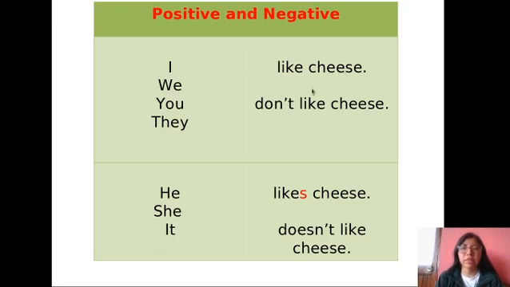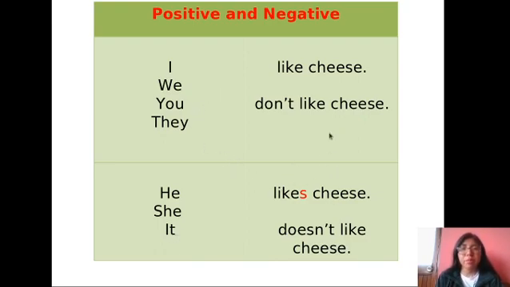They like cheese or they don't like cheese. Okay? Here we have the third person singular pronouns, so pay attention. He likes cheese or he doesn't like cheese. She likes cheese. She doesn't like cheese. Okay, so pay attention here.